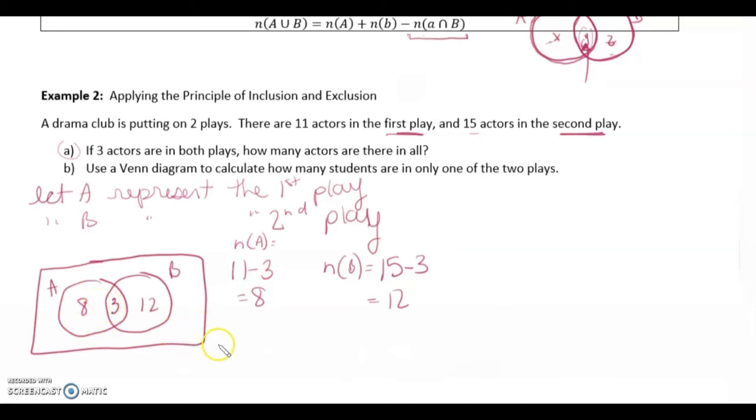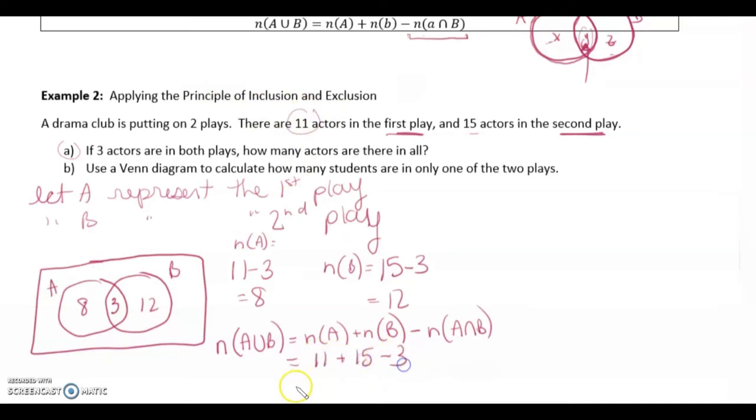So we can go: the number of actors in A or B is going to be the number of actors in A plus the number of actors in B minus the number of actors in A and B. We can see it in the Venn diagram, but if we want to go algebraically from the original, we're going to go 11 plus 15 minus 3, and we're going to get 23.